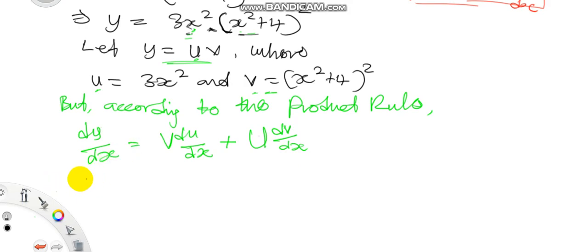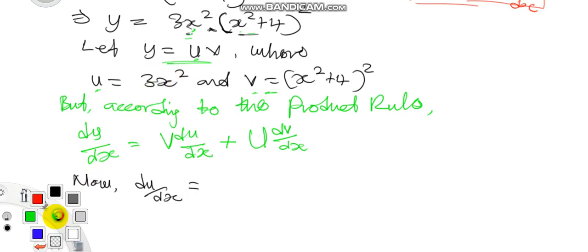So du/dx is equal to, now remember, when we have a monomial such as this, we multiply the expression by the power, which is 2 in this case, and then subtract 1 from that power.